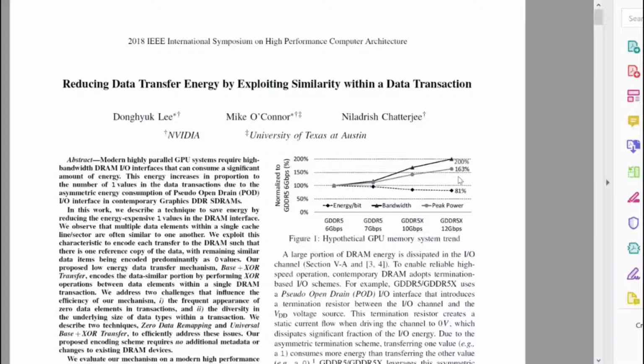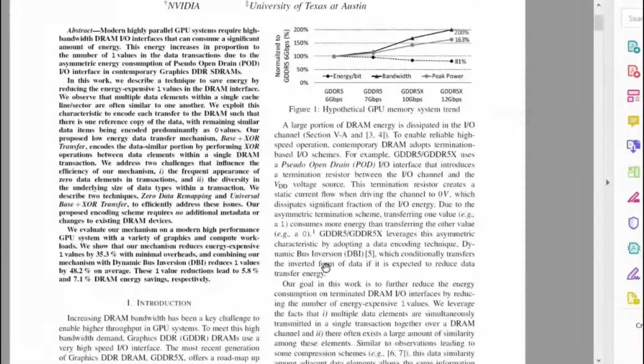How it is explained here, I'm not explaining in detail, read it and you will understand it. Since transferring a binary one takes more energy, they propose an encoding technique which reduces the number of one values in the packets that are sent from DRAM to the cache memory.